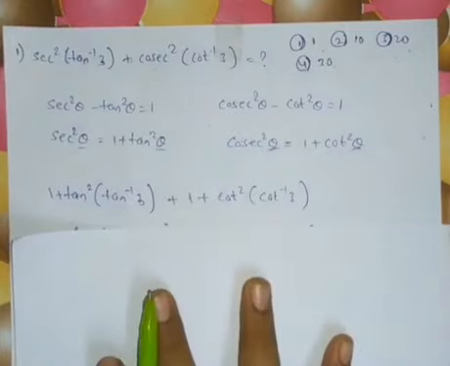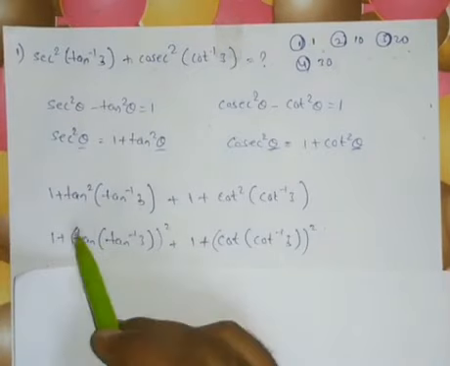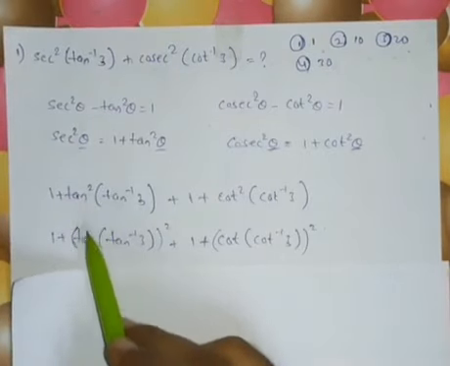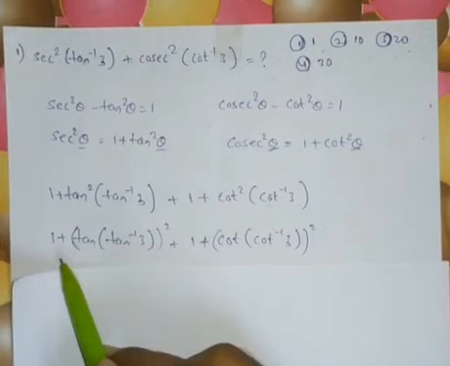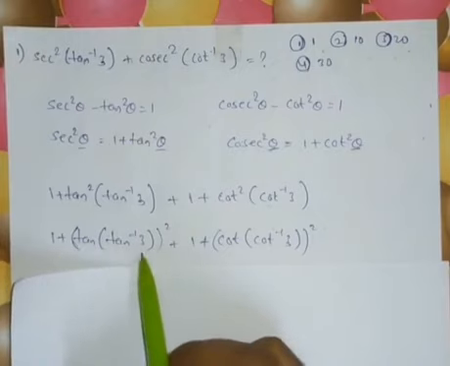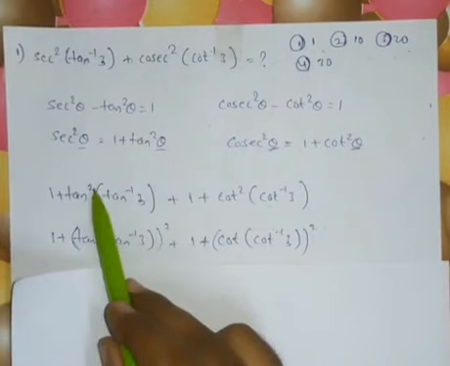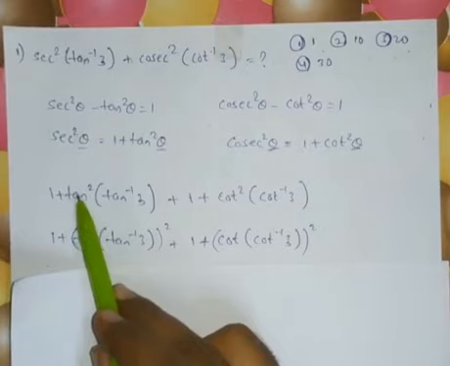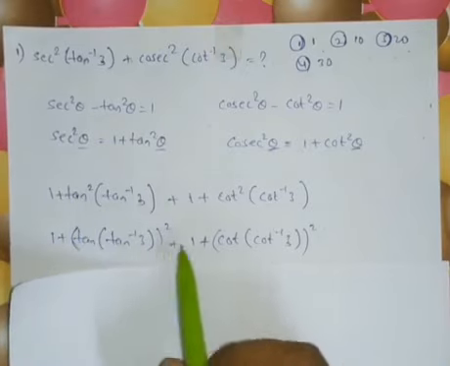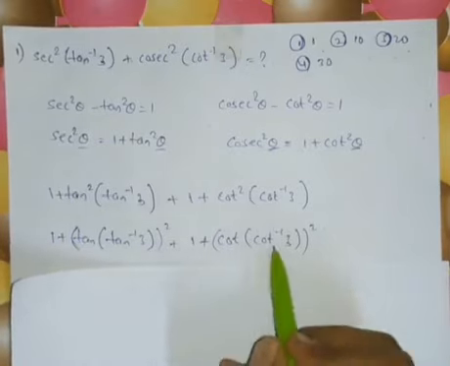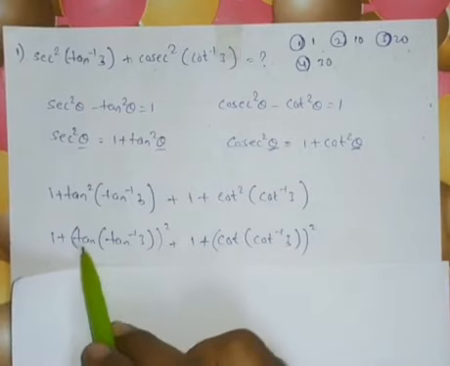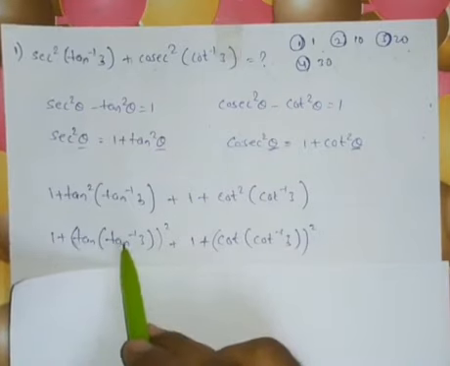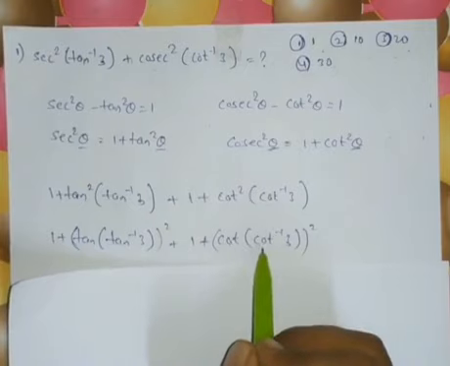In the next step, tan square we can write as a whole square. So 1 plus tan of tan inverse 3 whole square, that means tan of tan inverse 3 into tan of tan inverse 3. The other term we write in the same manner. Here tan inverse gets cancelled and cot inverse gets cancelled.